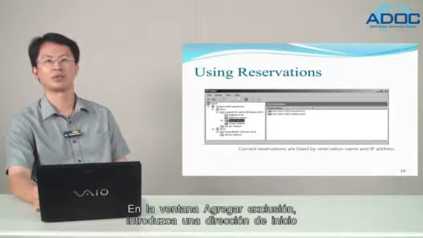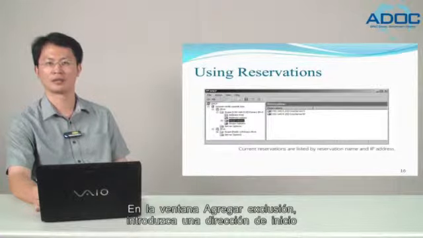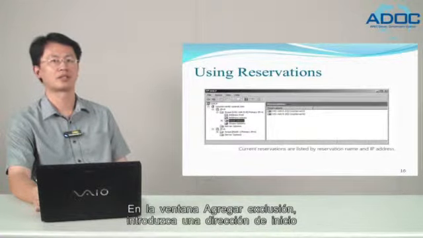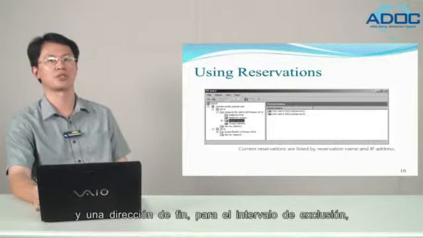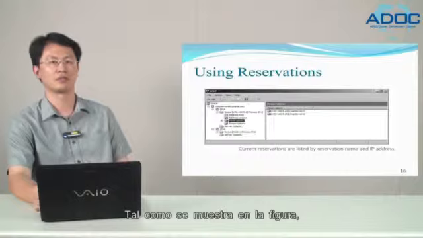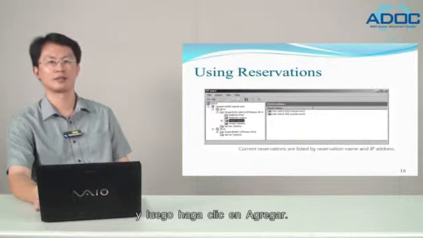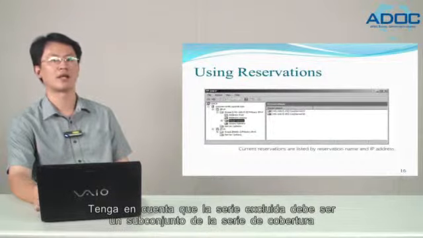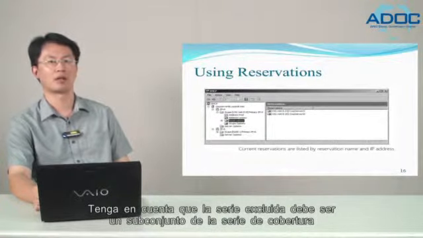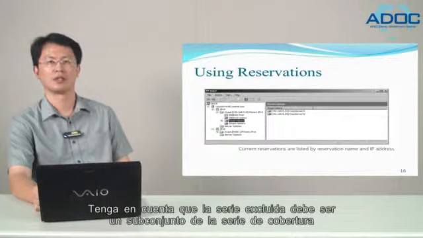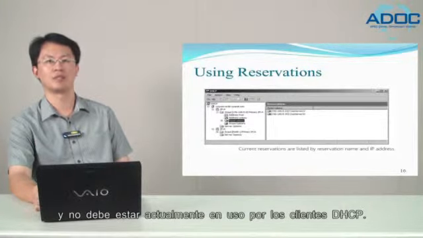In the Add Exclusion dialog box, enter a start address and an end address for the exclusion range, as shown in figures, and then click Add. Keep in mind that the range excluded must be a subset of the scope range and must not currently be in use by DHCP clients.